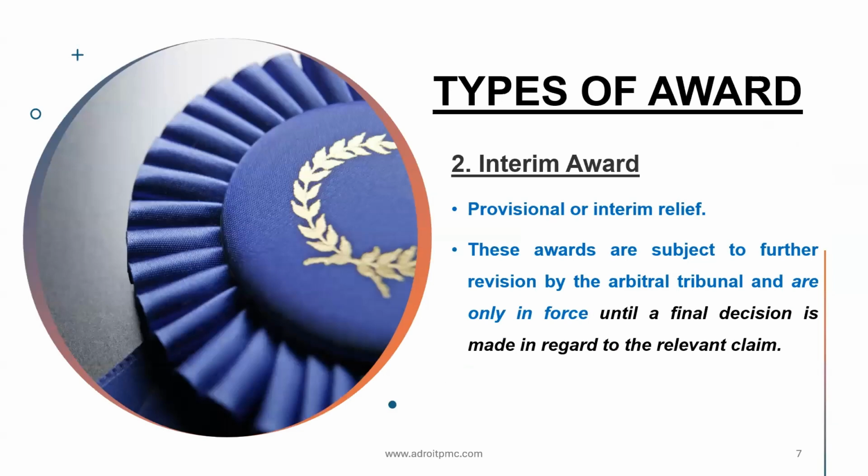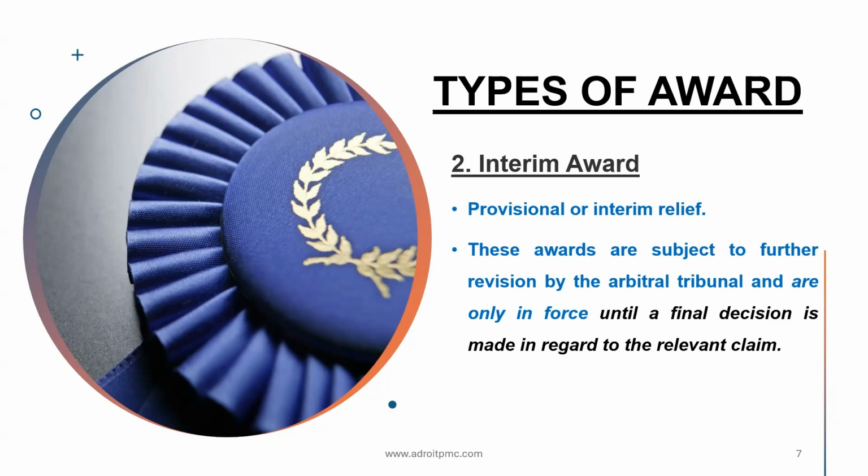Next is interim award. We have been discussing this interim award since the beginning of our session. If the parties need any provisional or temporary relief before ending this proceeding, the parties could approach the arbitrator for that relief, and the arbitrator, after examining all the documents and evidence submitted, could pass the interim award.